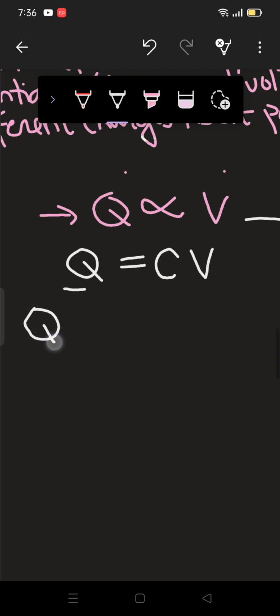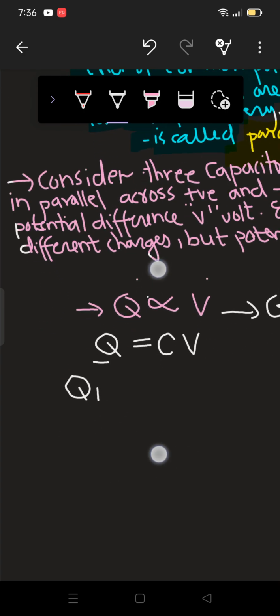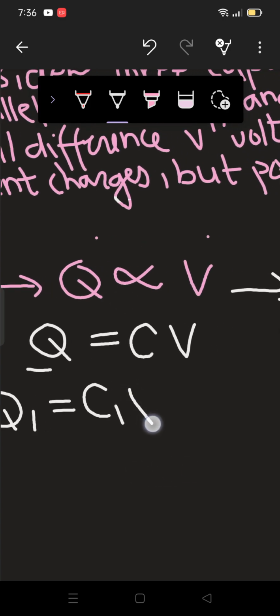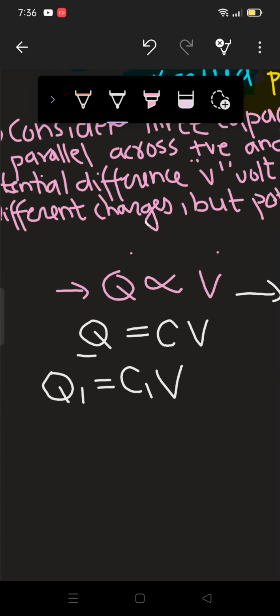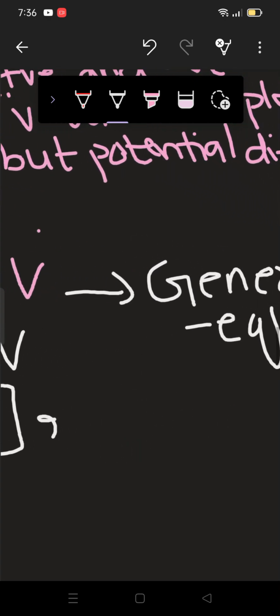Suppose I need to find Q1, the charge stored on the first capacitor. That would be equal to C1, because we are finding it for the first capacitor, and the potential difference would be the same for each capacitor, so V. So Q1 is equal to C1 into V. Now how do we find Q2, the charge stored on the second capacitor?